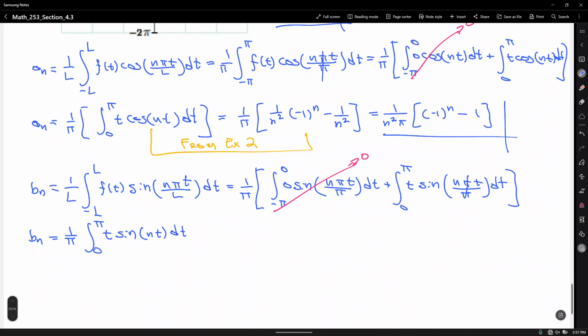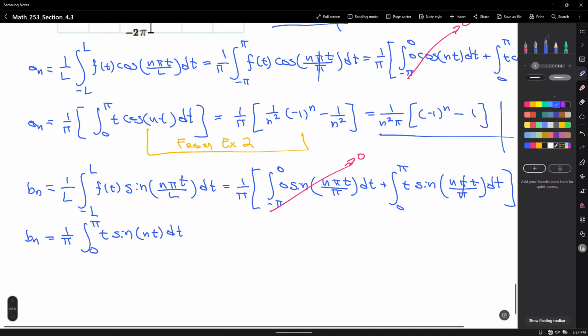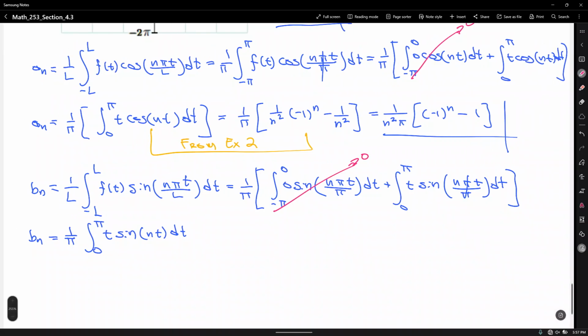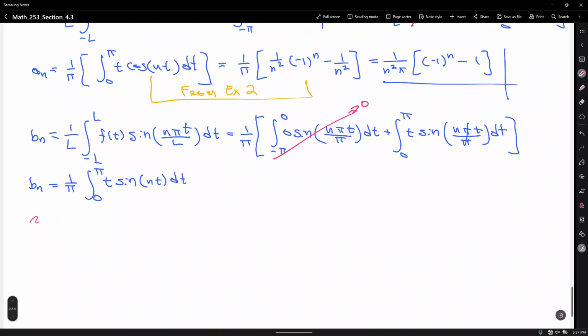Again, integration by parts. And guys, I'm going to use the tabular method for this one. In this case, the function to be differentiated is t. The derivative is 1, the second derivative is 0, and we stop there.